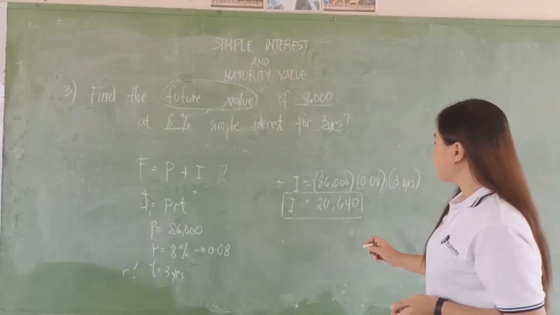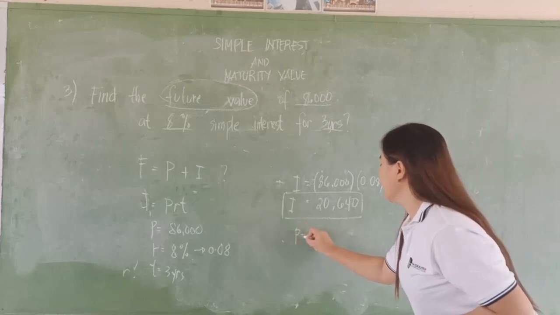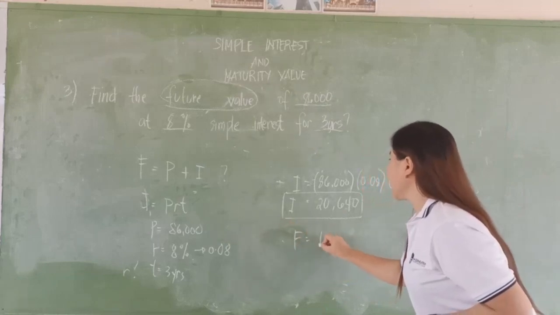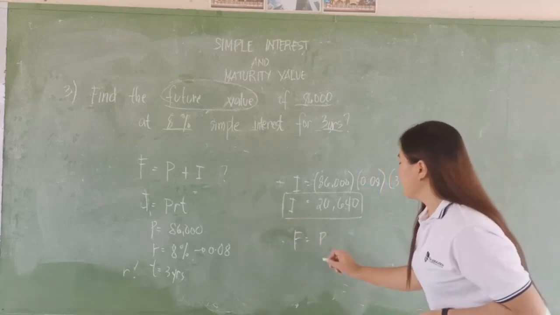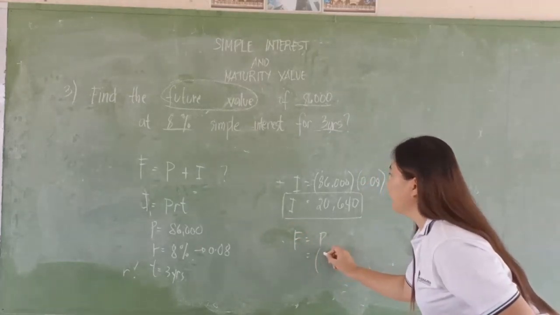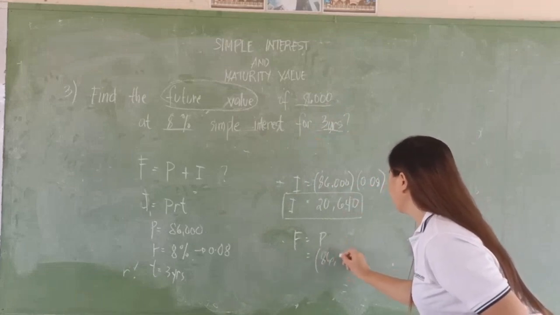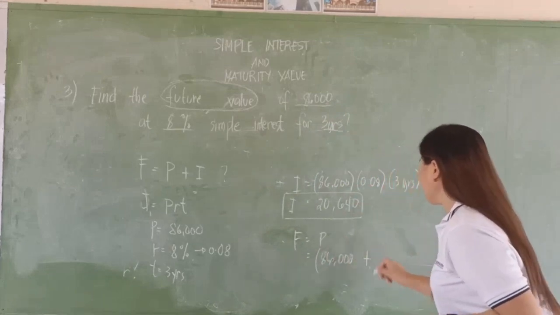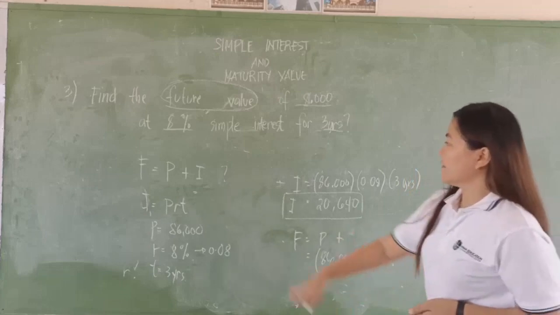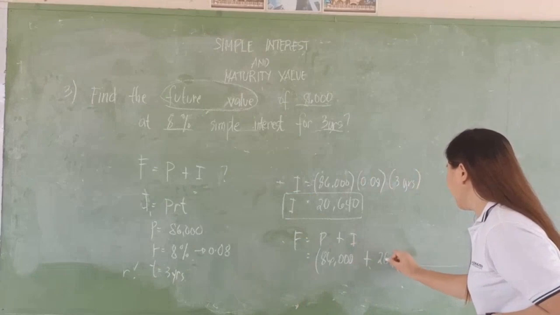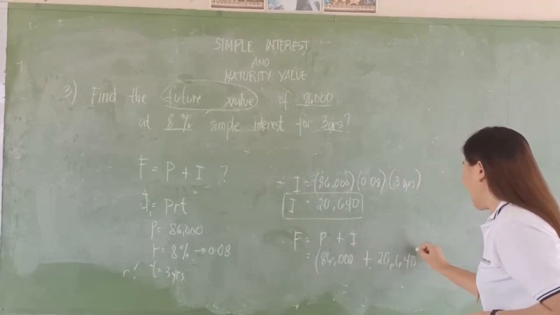Meron na tayong P, which is 86,000, plus the interest, which is 20,640.